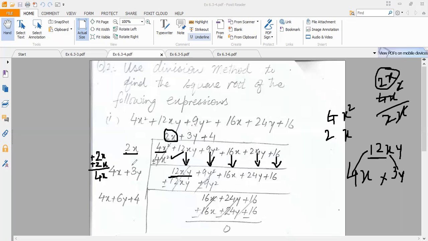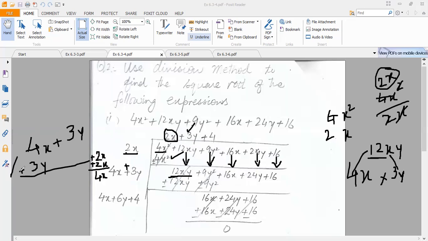So we will write 3y here with the plus sign, 3y on the top with the quotient. Now multiply, write the full expression 4x plus 3y, and multiply by the same number 3y.